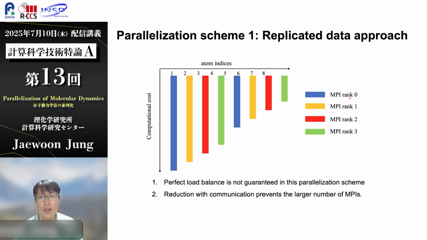Myrank 3 will finish all of the work much earlier than myrank 0, and they just have to wait for the completion of myrank 0. Another problem of this approach is the large communication cost due to reduction.